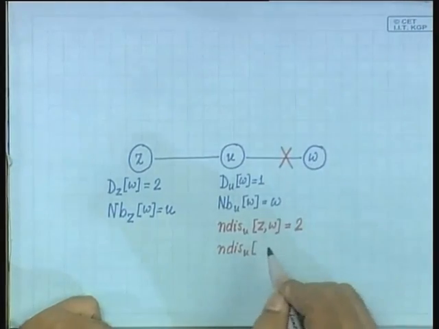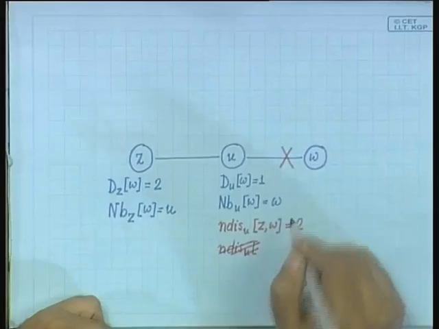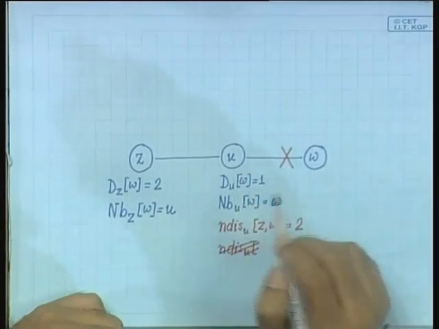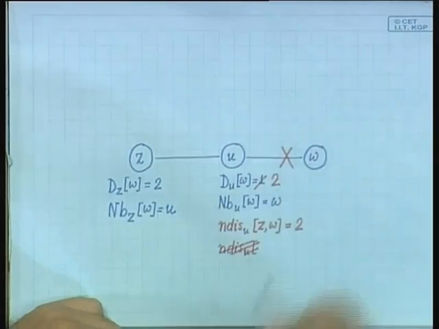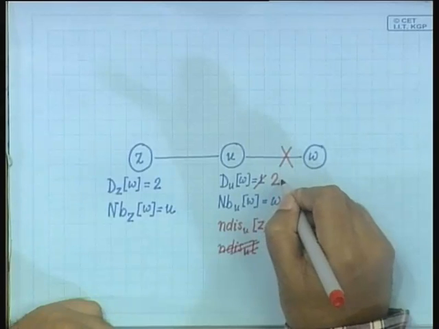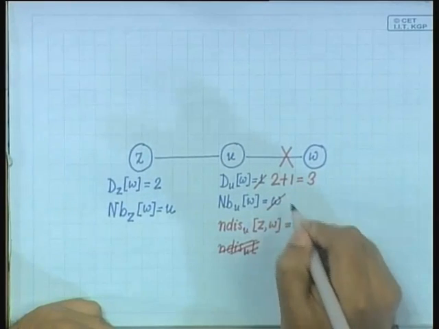So, W is no longer a neighbor. So, W does not count. It will revise, recompute W at U, will revise this one to 2 plus 1, so 3, and it will revise this to Z.